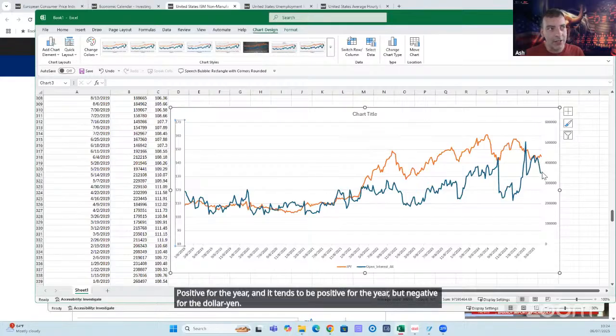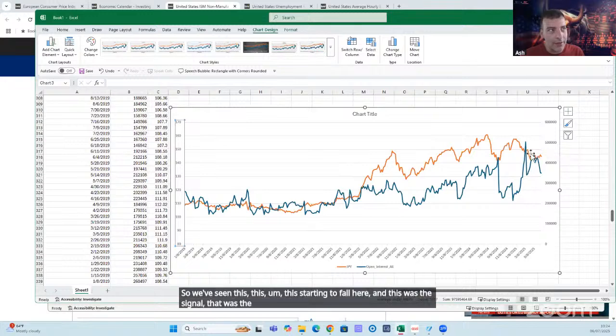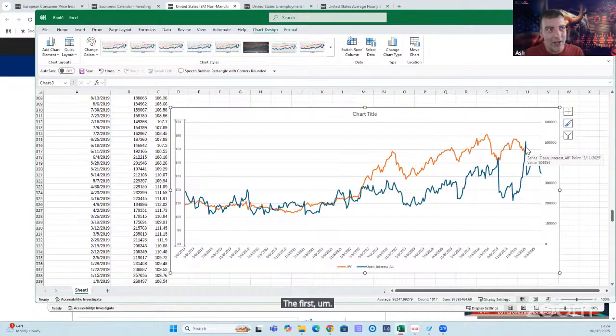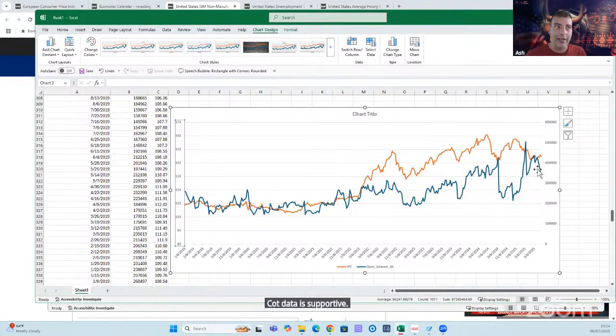So we've seen this starting to fall here, and this was the signal. That was the high. Well, actually, the first dive down was really on the 11th of March. That was the first signal, but you can see it's still starting to drift to the downside. So COT data is supportive of dollar yen downside.